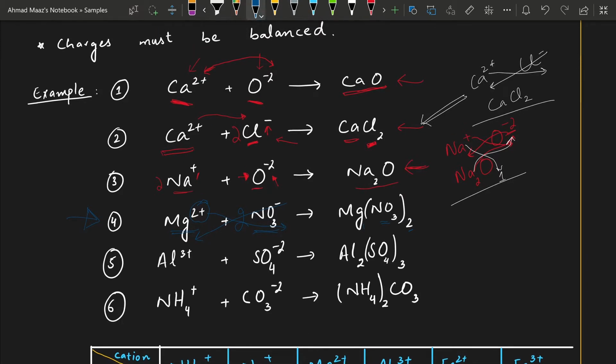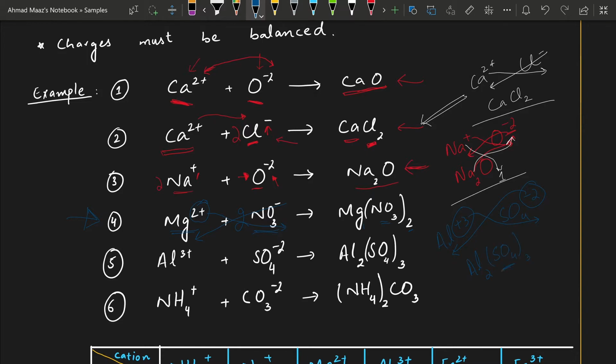Aluminum and sulfate. Aluminum is 3 positive and sulfate is -2. So this must come over here and this must come over here. Aluminum must have a subscript of 2 and sulfate must have a subscript of 3.